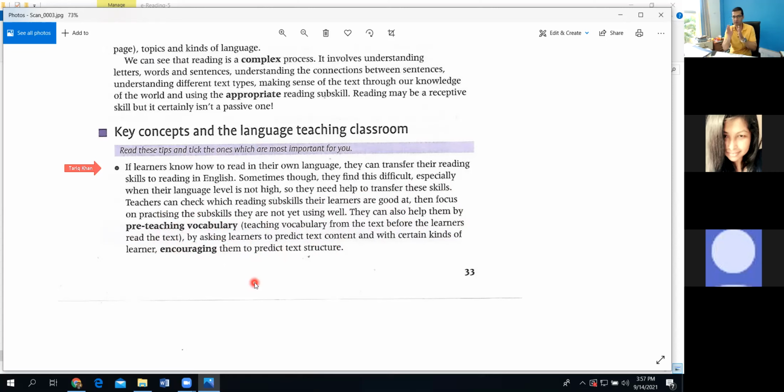Now it's like two languages are there. One language is the learner's mother language. One is the second language they are learning. They may be able to do that sub-skill which we are practicing very well in their mother language. Then if we know that they can do that in the mother language, we can encourage them to do that in English as well.